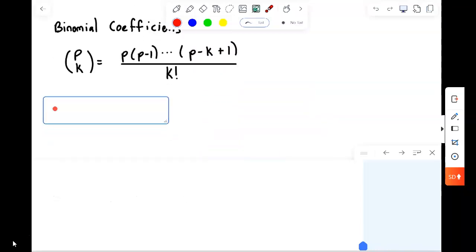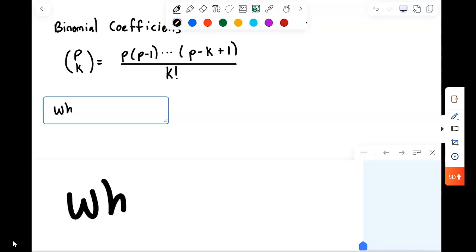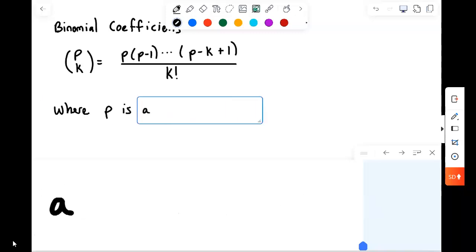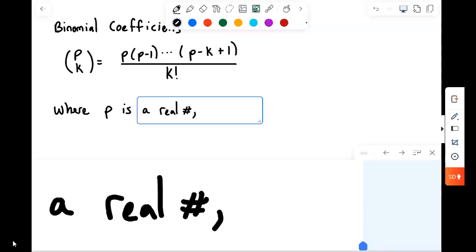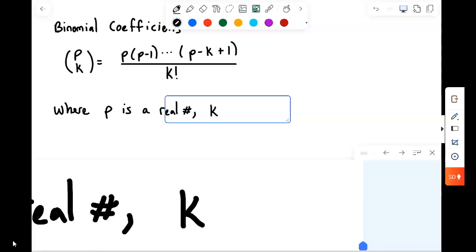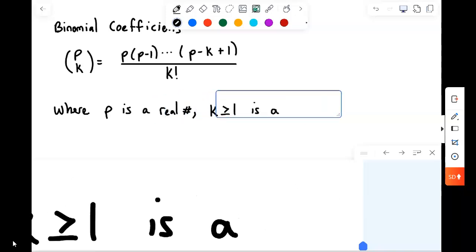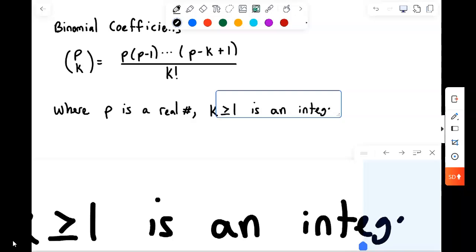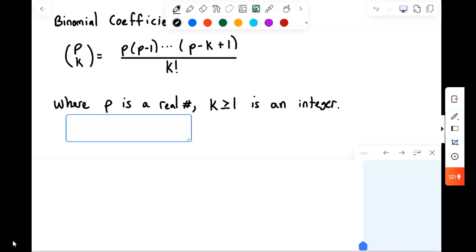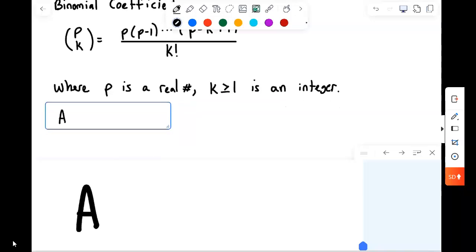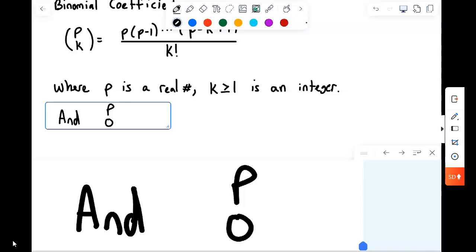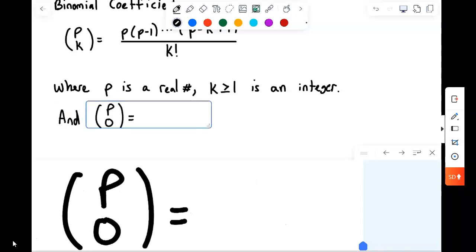Here we allow p to actually be a real number, and k, greater than or equal to 1, is an integer. By definition, we also define p select 0 things to always be 1.